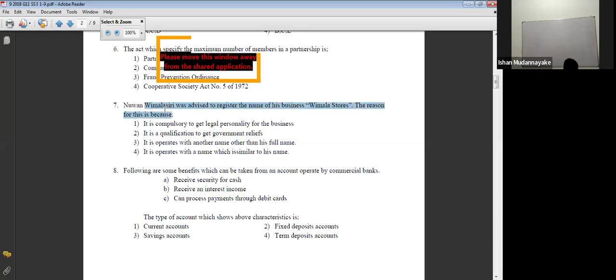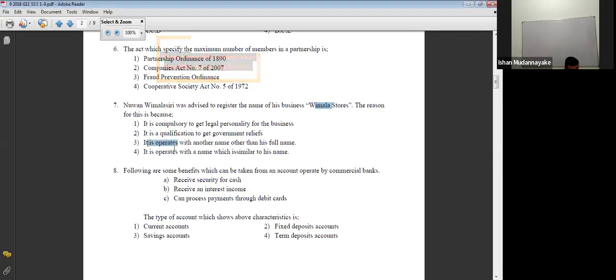Now, question number 7. Nuan Vimalasari was advised to register the name of his business, Vimal Stores. The reason for this is because. What is the answer? Yes, correct. The third one is the answer.